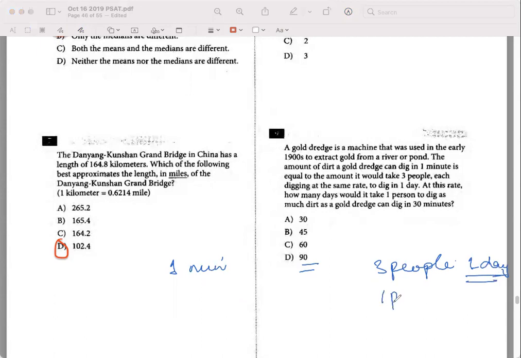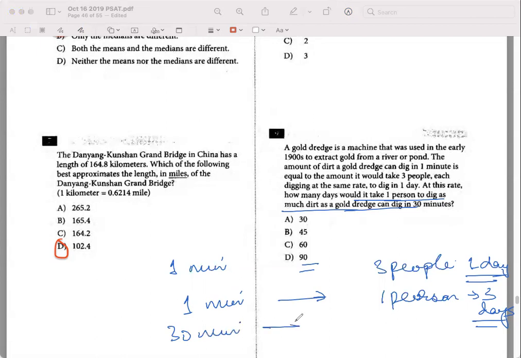So if there was one person working alone, not 3 people, then that person would take 3 days. Because if I have 3 people, they together can do it in 1 day, so one person alone will take 3 times as much time. So what a digger can do in 1 minute, one person can do in 3 days. In 30 minutes, it would dig 30 times as much as it would dig in 1 minute.